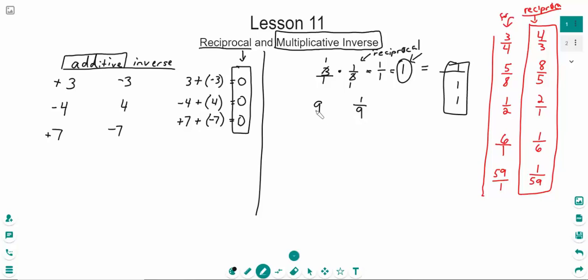That's the multiplicative inverse for a 9. All right. How do we know that? We know that because if I were to write this as a fraction, 9/1, and I multiply it by this 1/9, we're going to end up with 1, which is what we're trying to do when we're using the multiplicative inverses. So what's the multiplicative inverse for 9? The answer, 1/9.